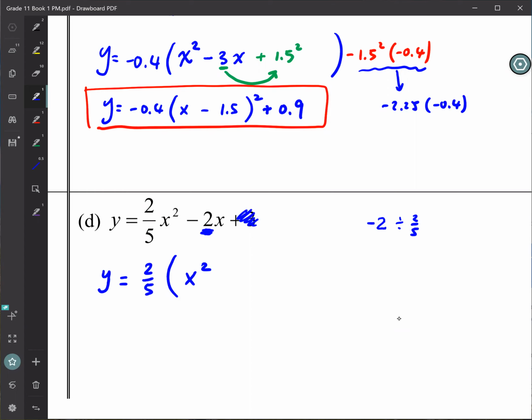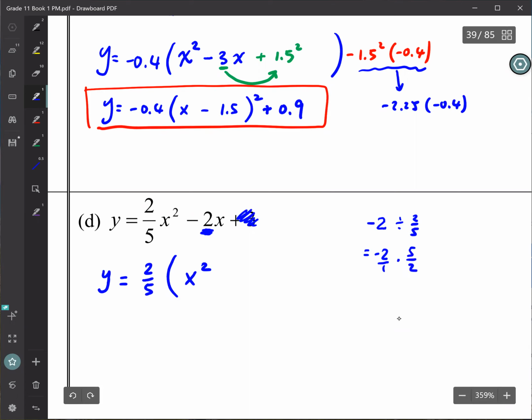-1/5, no. How do you divide fractions? Would it be reciprocal? Which one needs a reciprocal? The 2/5. Yeah, so how do I write it? Negative 2 over 1, times 5/2.